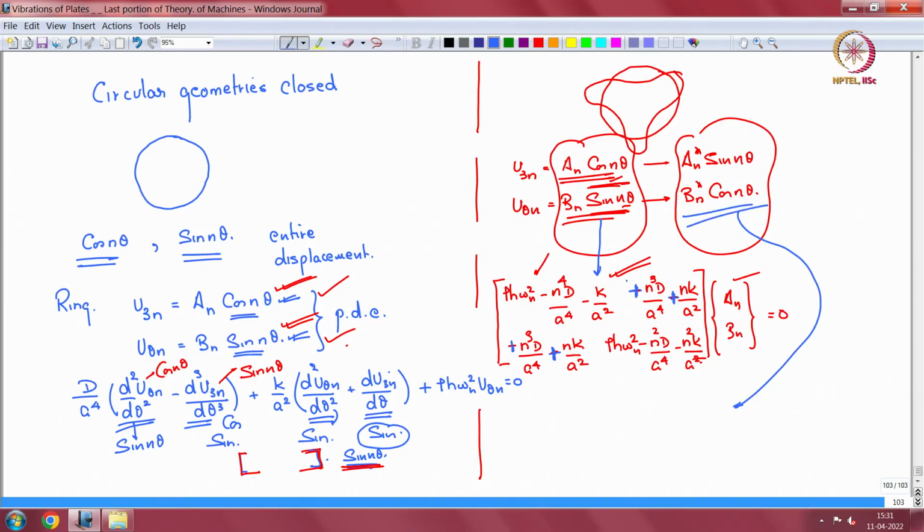So you can see that earlier this was a minus, this was a minus, this was a minus, this was a minus, which gave you certain determinant, let us say determinant 1. But now that again these are pluses and these are pluses, you will find that the determinant is same, and therefore natural frequencies remain the same. So natural frequencies for these set of modes and for these set of modes remain the same.